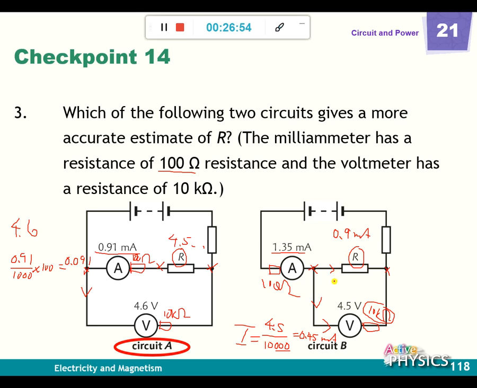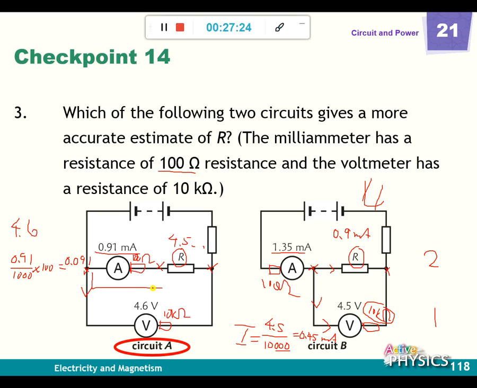Now you should compare it. Here, in this circuit, we want to make the current mostly pass through R, only a small portion passing through V, then we can get the correct result. But after it, you can see that the current ratio is only 2 to 1. Can you see it? This one is 0.9, this one is 0.45.